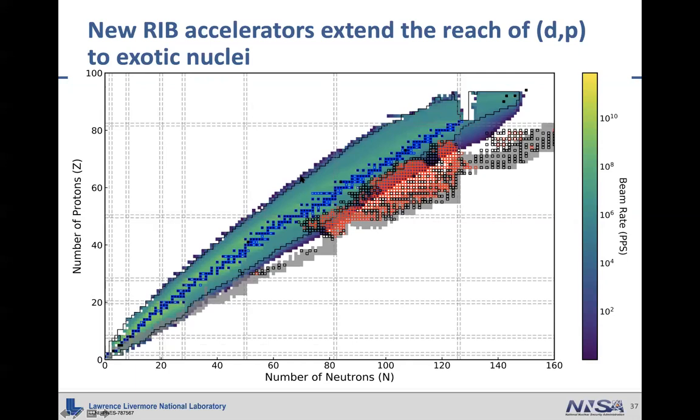And this black envelope here that I've drawn is the 10 to the 5 particle per second rate. And if you're looking at fast beams, then beam rates are 1 to 2 orders of magnitude more. And this envelope goes out a couple units farther away from stability.